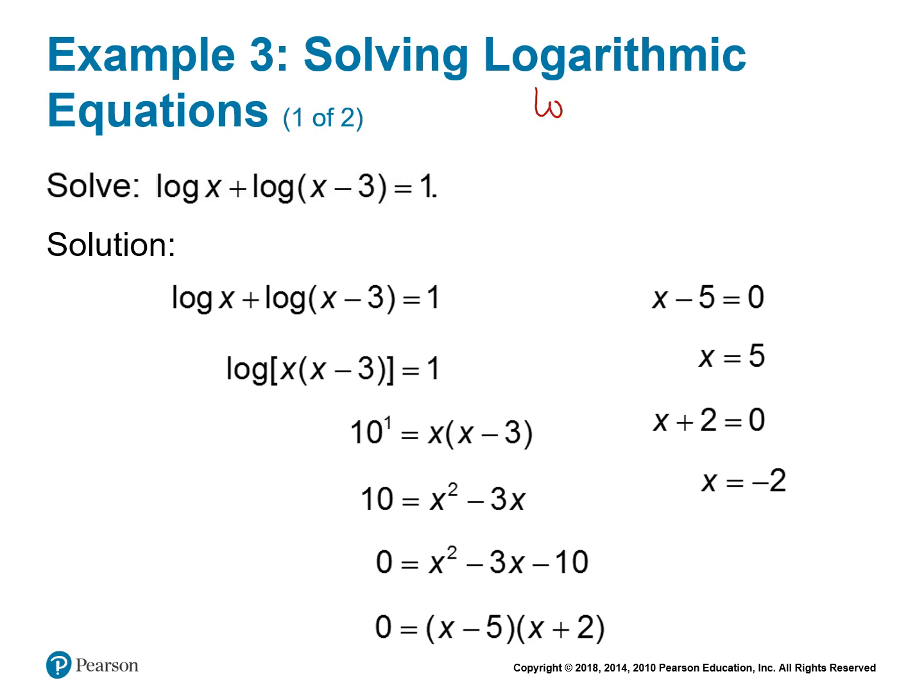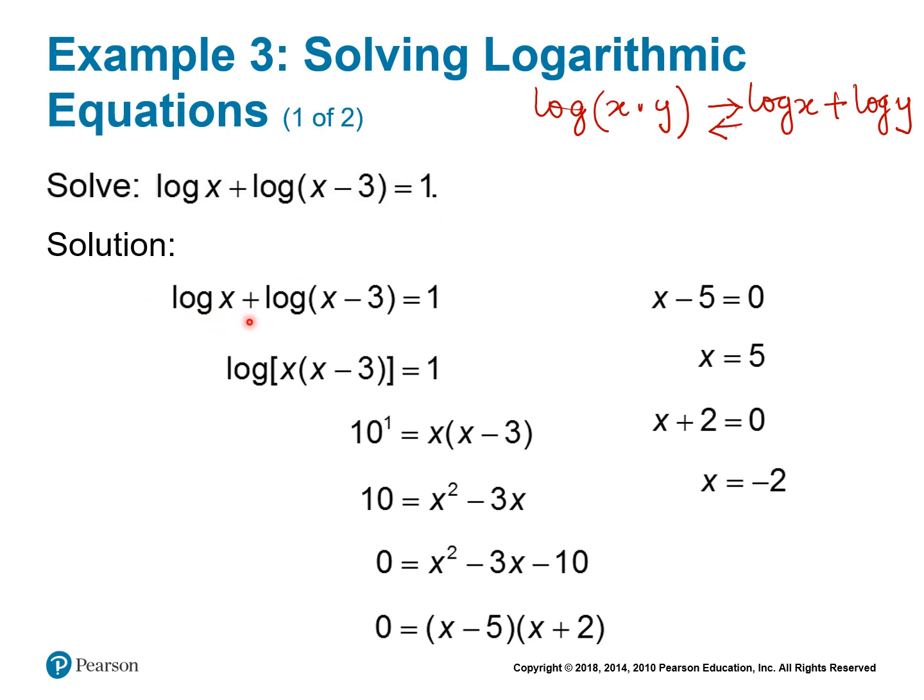It says log of x times y can be written as log of x plus log of y. All right, and vice versa. So if we have log of x times y, we can either expand it and write it as log of x plus log of y, or if we have it in an expanded form, we can condense it and write it as log of x times y.